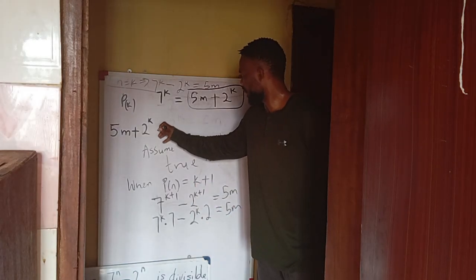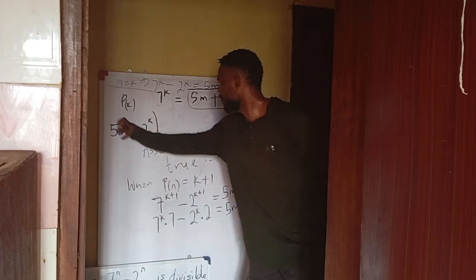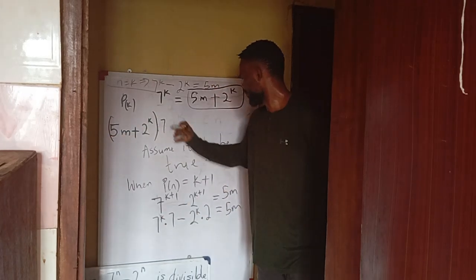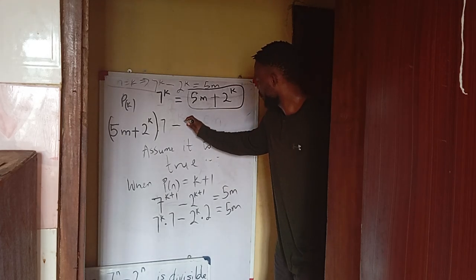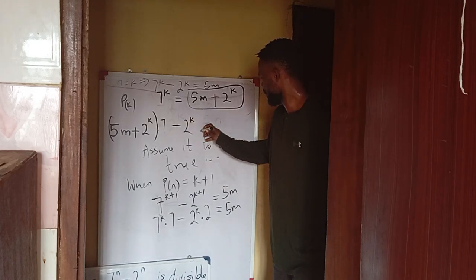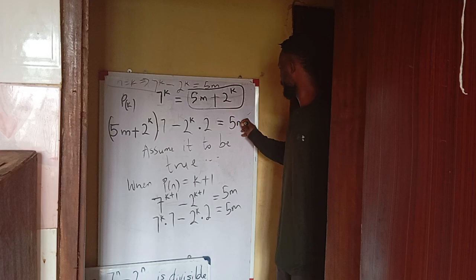So times, notice that this is 7, so all times 7, then minus 2^k times 2, I'm rewriting everything, equals to 5m.